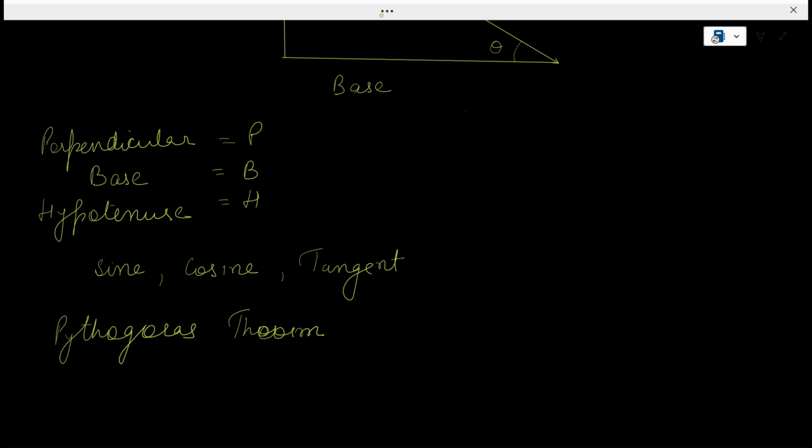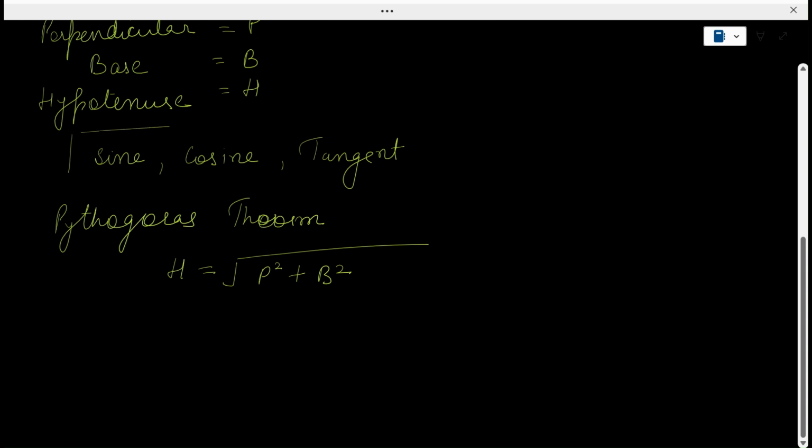According to the Pythagoras theorem, H, that is the hypotenuse, is related to perpendicular and base, where the hypotenuse is the under root of perpendicular square plus base square.